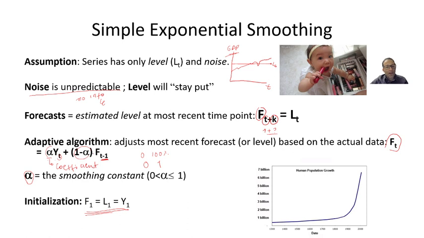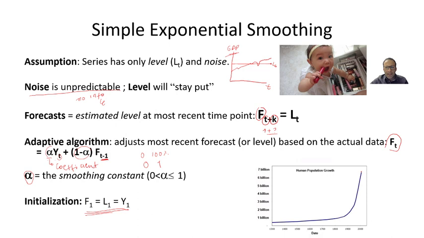For instance, we have here the human population growth. From this formula, if we stand here, this could be y_t.